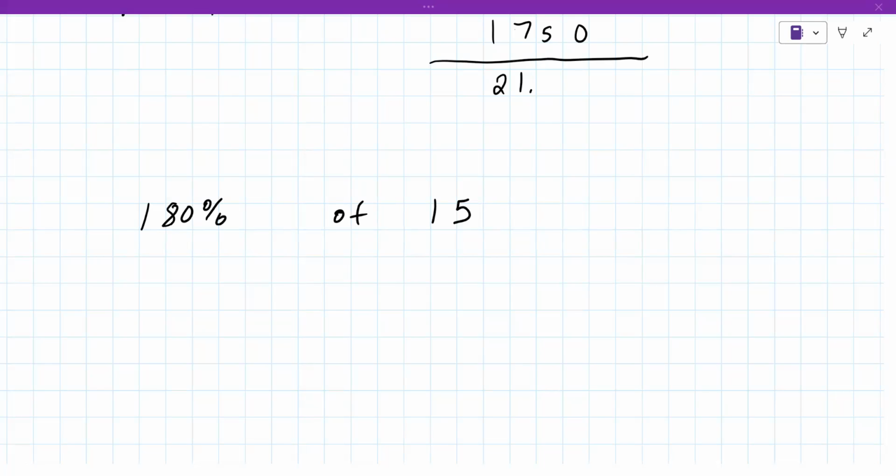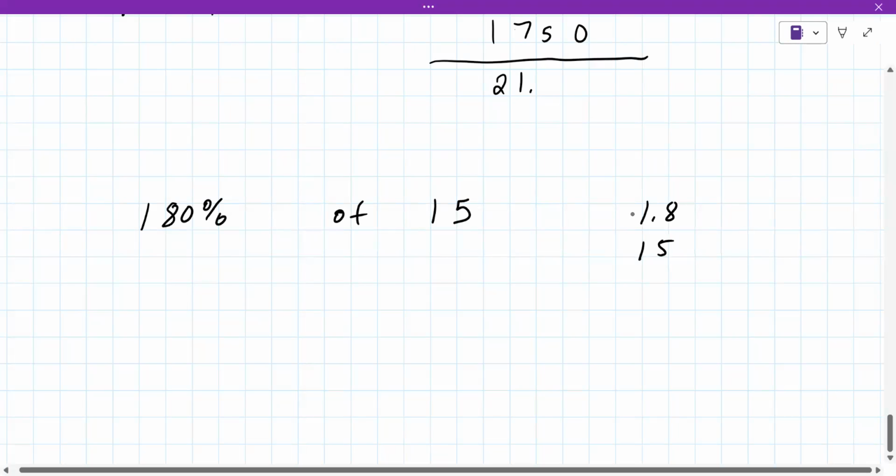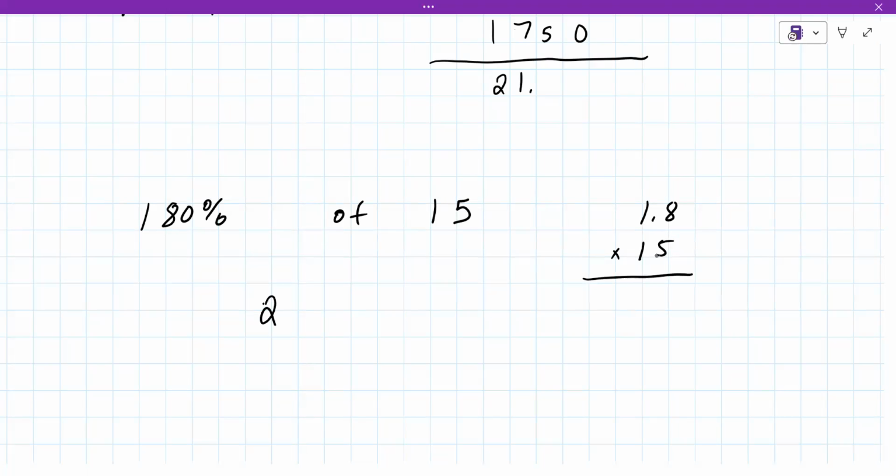Okay. 27. 1.8 times 15. Is that what you have? Yeah. Okay. Yes, it is 27. Sorry, it is not a decimal.